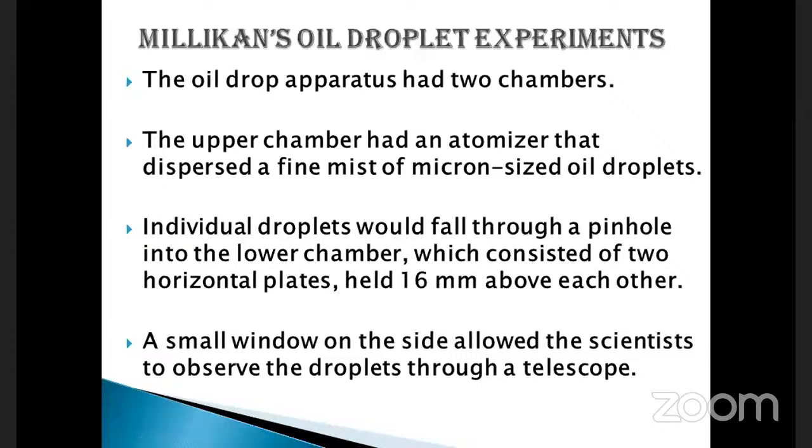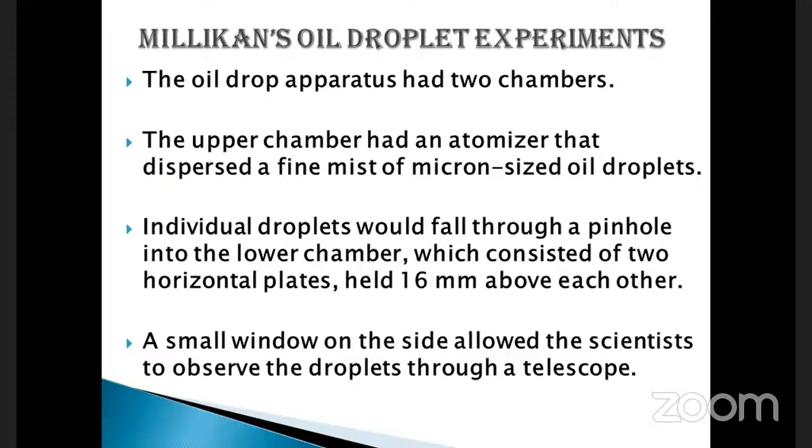So that's what you have here, the summary of what I've just said. The oil droplets apparatus has two chambers. The upper chamber has an atomizer. Don't be too agitated about this. As you know, after the class, I'm going to post these notes so that you can go over it again.